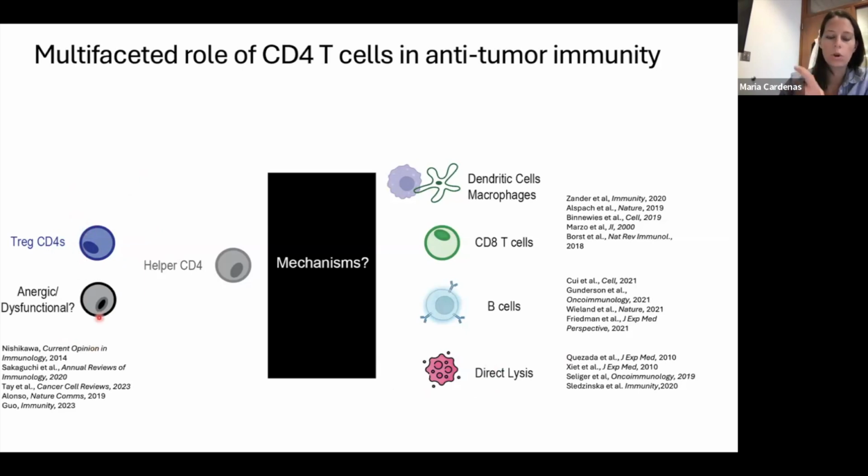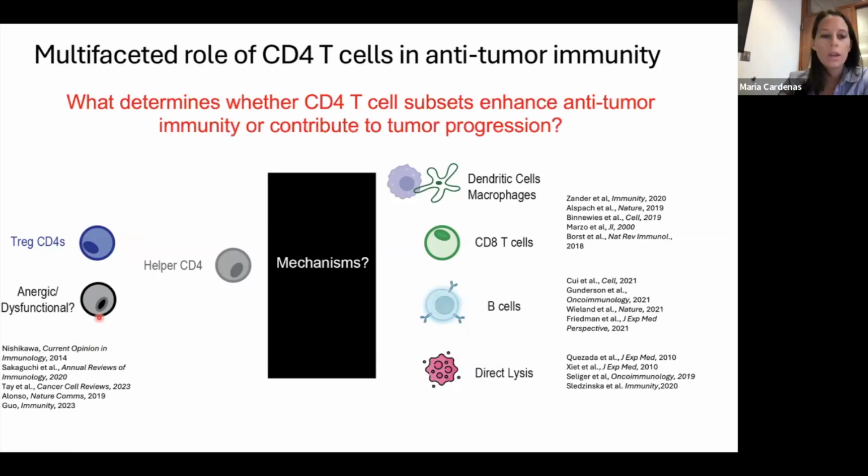And so the correlative data from the patient survival analysis doesn't really answer how we have dysfunctional T cells, but we have positive responses. And so we really wanted to take all of this into our question and determine what says that a naive CD4 will undertake a program that will contribute or suppress the tumor response.